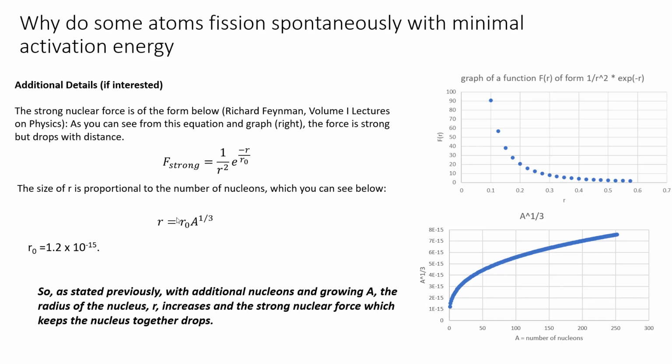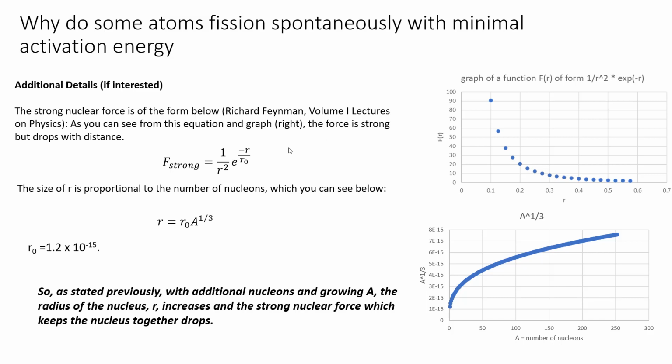This is a constant estimated to be 1.2 times 10 to the minus 15th. So as you add neutrons and protons, this gets larger. As this gets larger, the strong nuclear force gets smaller. So it's all making perfect sense. The larger the mass, the less the strong nuclear force, which keeps the nucleus together.